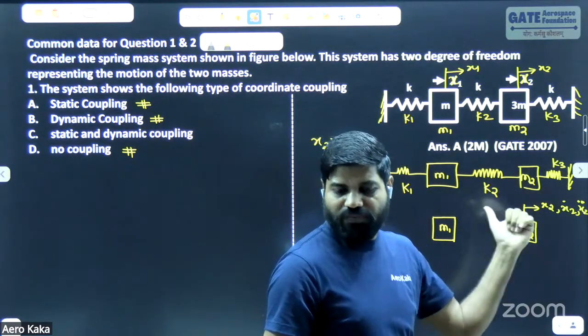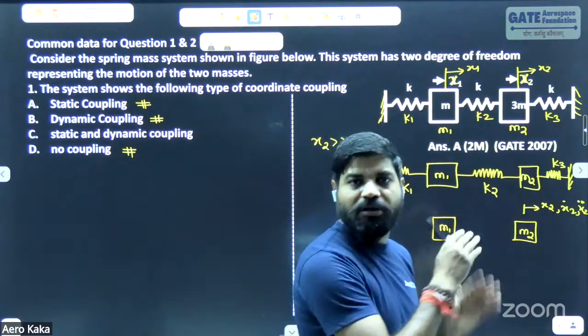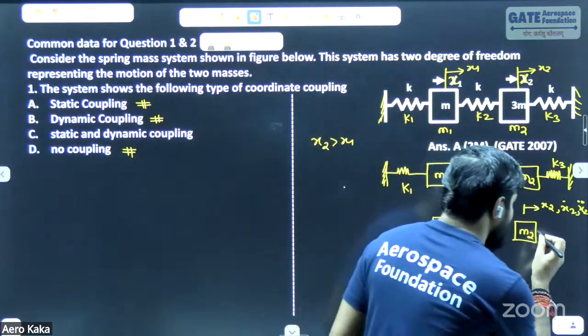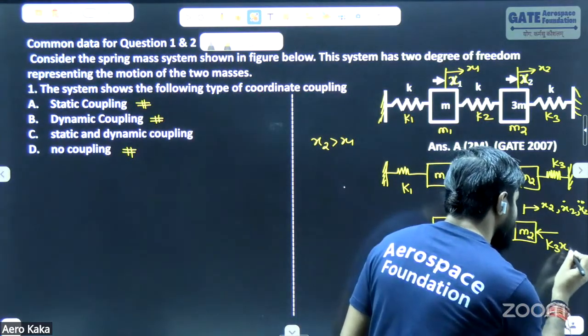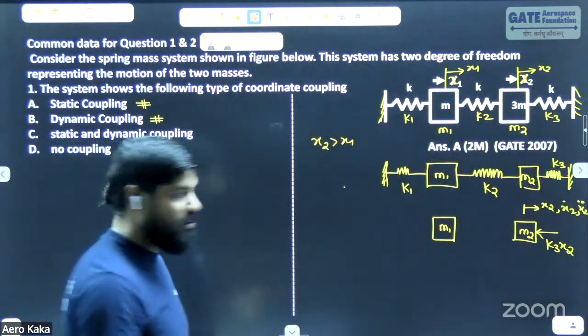So the force induced in this spring, the internal force, will oppose this motion, or it will try to restore the body. It means it is going to be like this. Do you agree with me? So it is going to be K3x2. Do you agree? First say yes or no, sir. Yes.